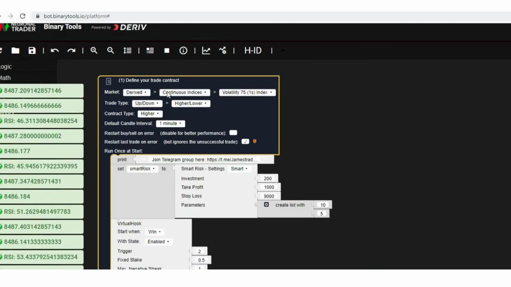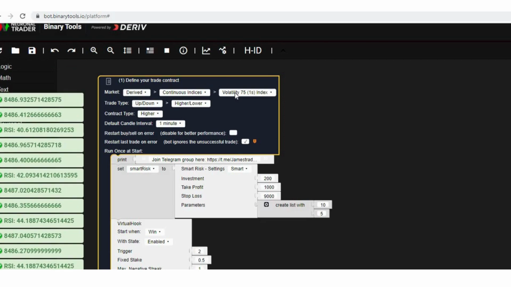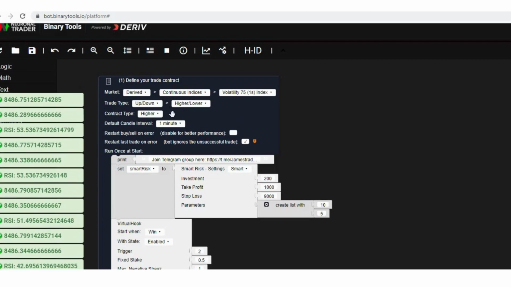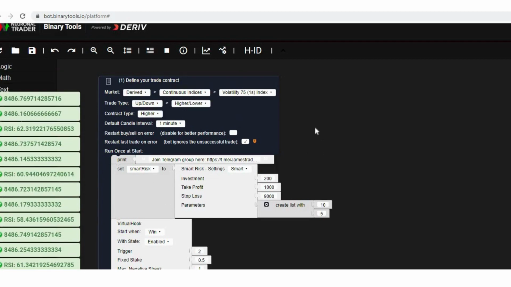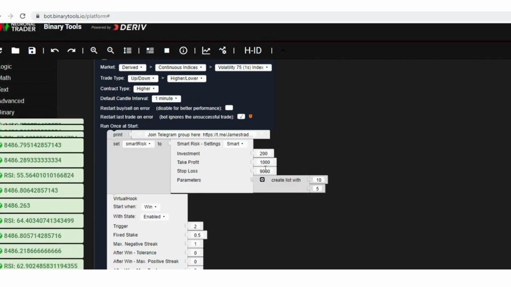I'm using the derived market, continuous indices, and volatility 75 1s. You can use any of the other volatilities and try it out. The other settings are left the same way. You can change the inputs here.